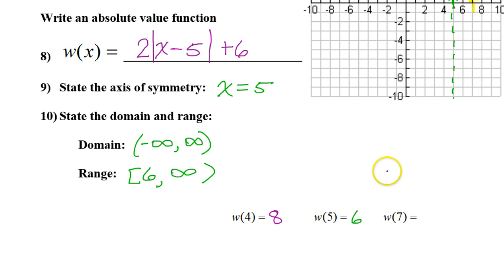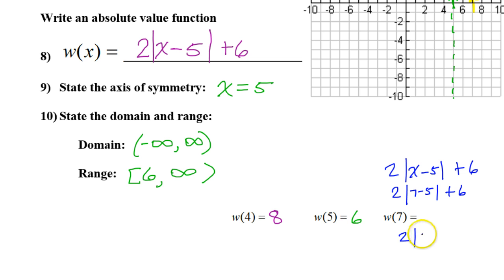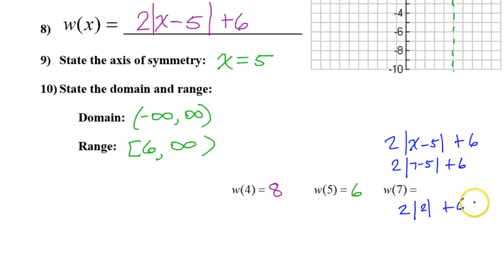The equation is 2 times the absolute value of x minus 5 plus 6. So if x is 7, that makes 2 times the absolute value of 7 minus 5 plus 6. 7 minus 5 is 2, so it's 2 times the absolute value of 2 plus 6. Now the absolute value of a number is the distance of that number from 0. So basically it's going to take that number and just make sure it's positive.